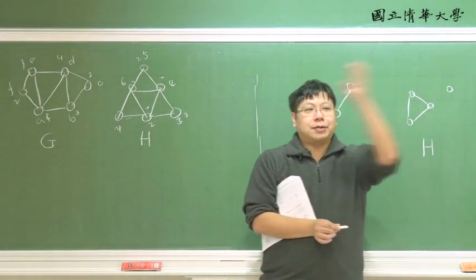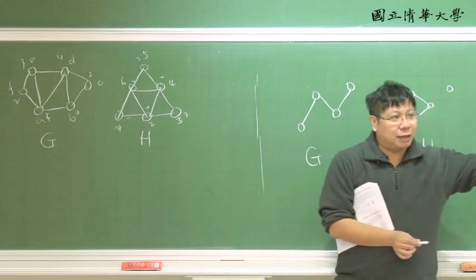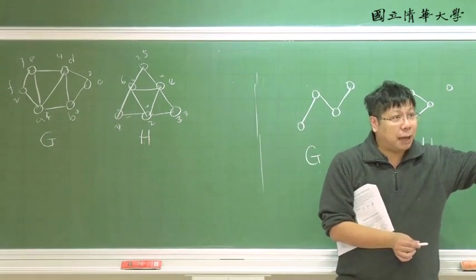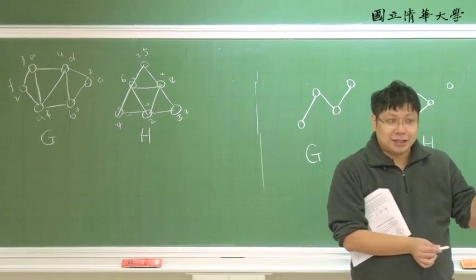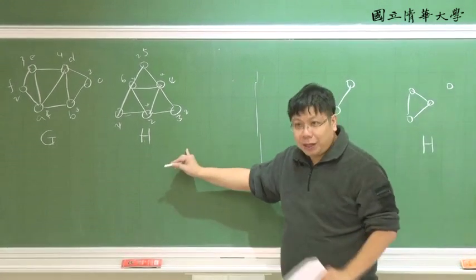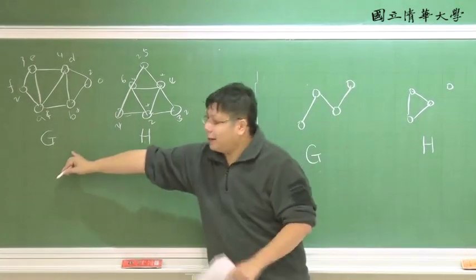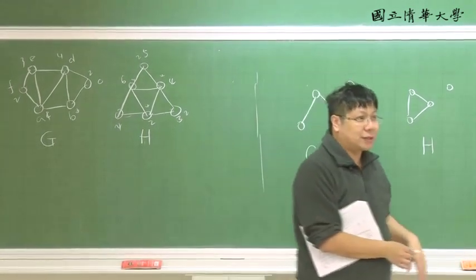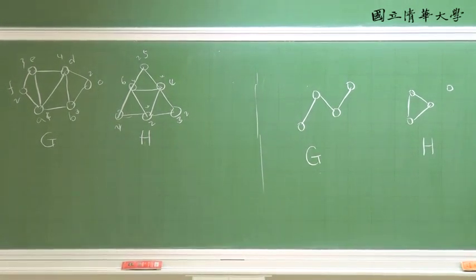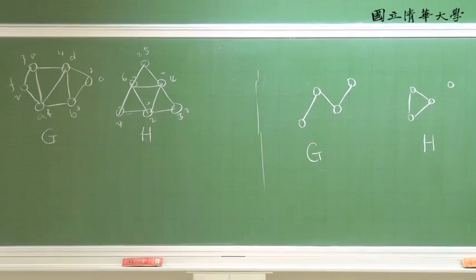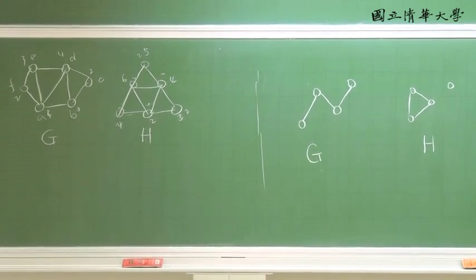If there is a vertex of degree 2 here, you must find a vertex of degree 2 on the other side to map with it. This is a good concept. So here we have 3 degree 2 vertices, and there we have just 2 degree 2 vertices, and they cannot be isomorphic. Very good. This is a very clear proof that they are not isomorphic.